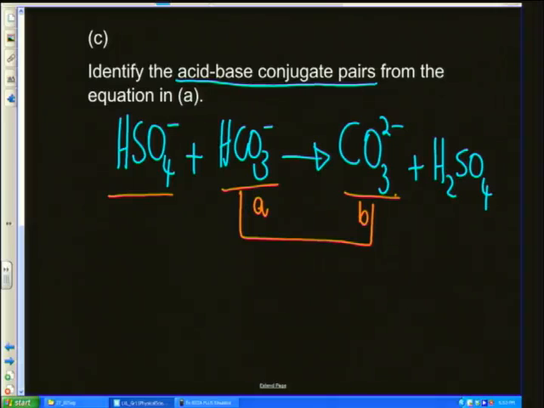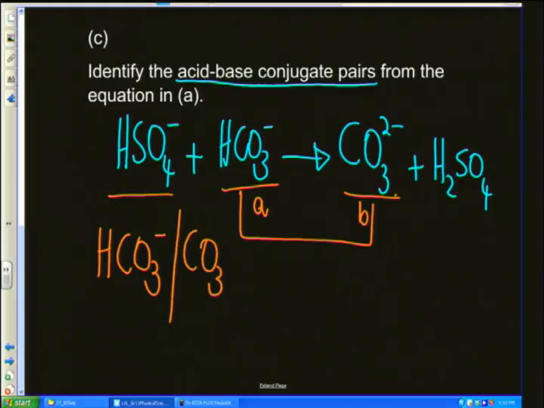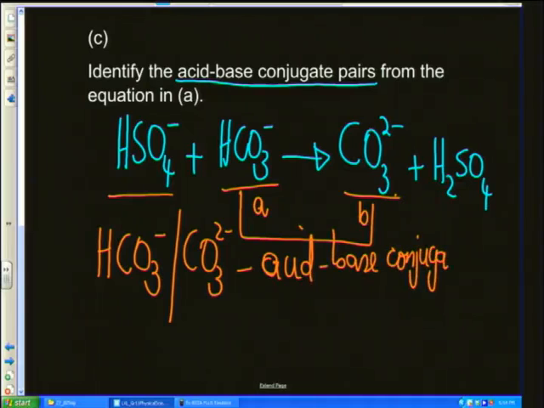So what can we then write? We can therefore say that HCO3 minus and CO3 2 minus are acid-base conjugate pairs. All right?